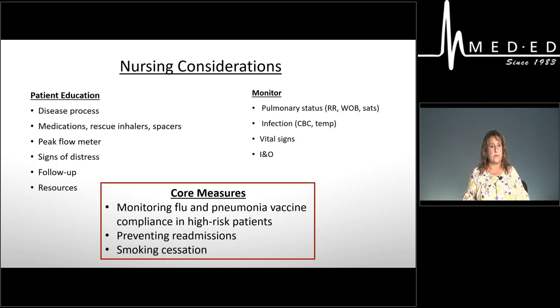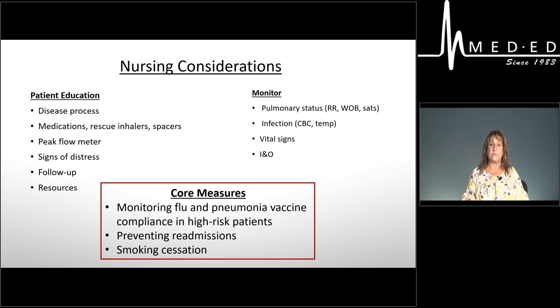Okay, so considerations for nursing related to patient education. Again, I had talked about in other modules about making sure that your patient understands their disease process as well as their medication. In this case, it's the rescue inhalers, how often to use those and when to call the provider to say, hey, I need them more often, maybe I'm not controlled, and how to use their spacers.